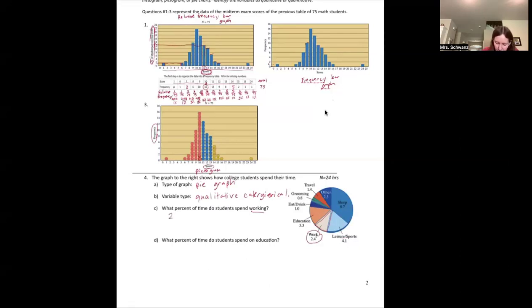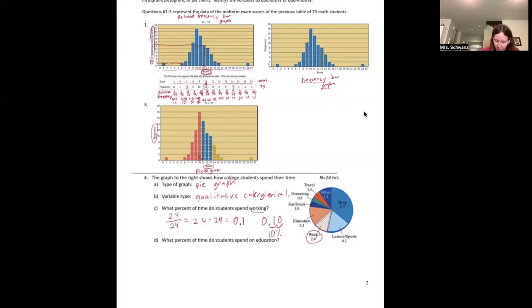So I take 2.4 hours out of the total day, which is 24, and then I just divide. 2.4 divided by 24 gave me 0.1. If you take that decimal and move it twice to the right, you turn it into a percent: 10%.